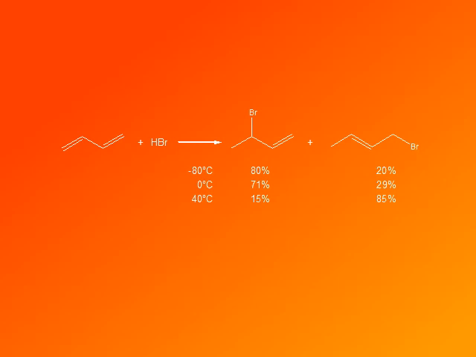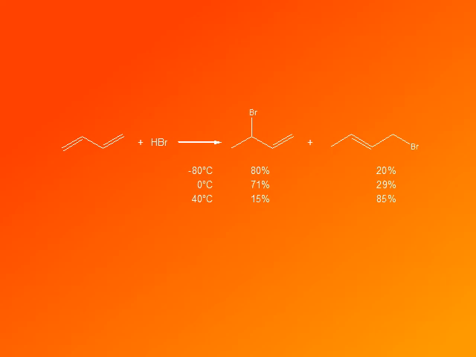Results of experiments confirm that if we do reaction at low temperature for a short time, we get preferentially kinetic product. If we do this reaction at minus 80 degrees Celsius, we get 80% of 1,2 addition product, kinetic product, and only 20% of 1,4 addition product or thermodynamic product. At 0 degrees, results are similar.